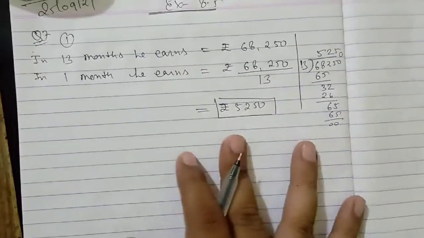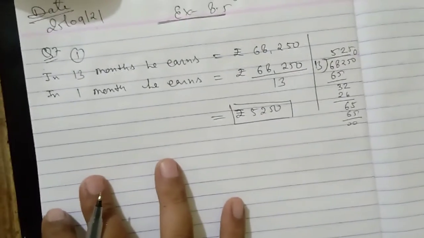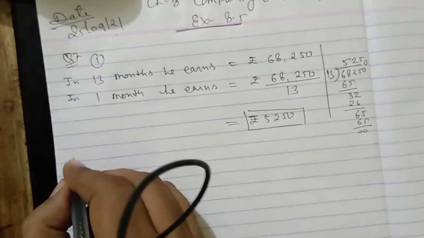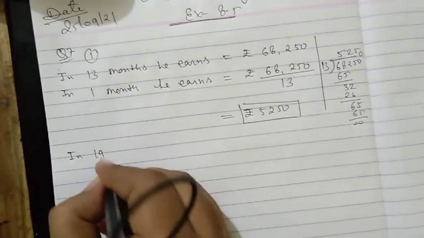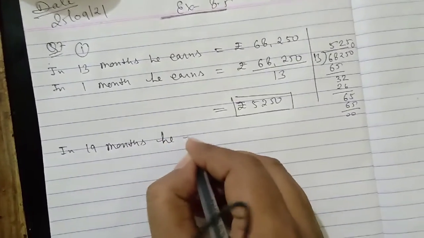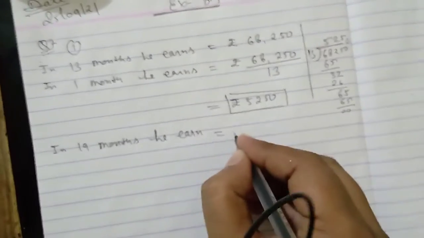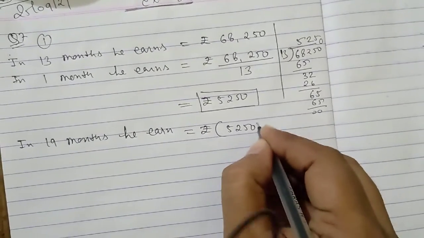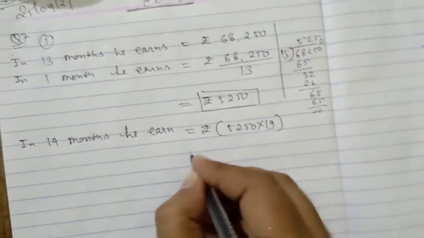Now moving to the question, how much will he earn in 19 months? In 19 months he earns 5250 multiplied by 19.